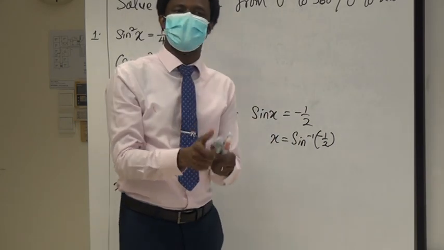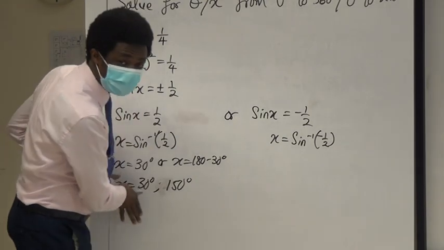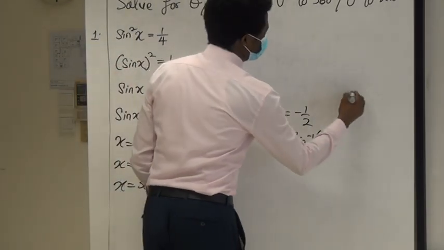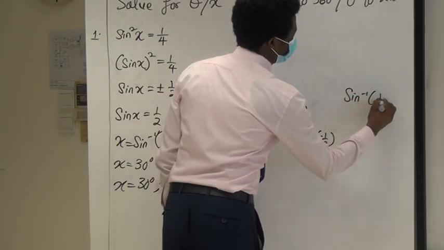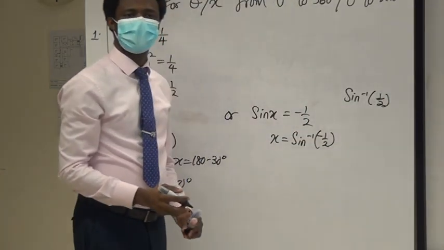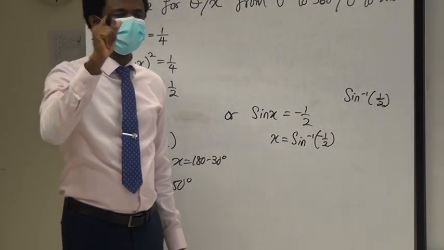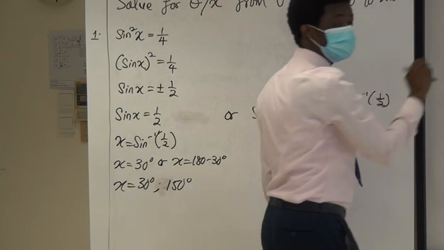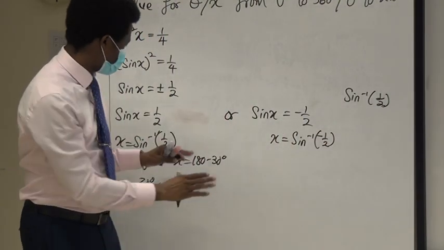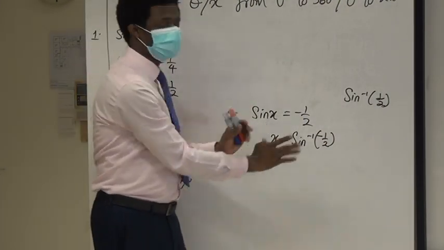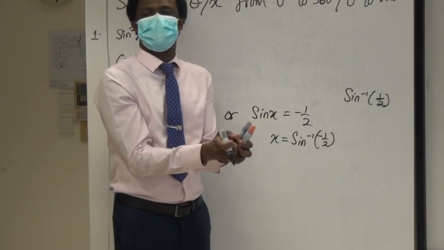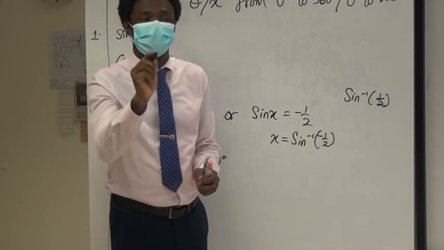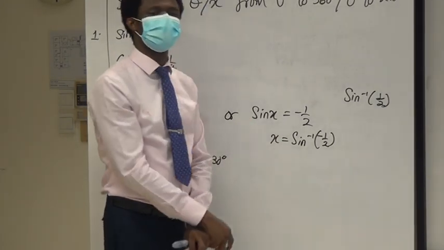So what you check in your calculator, if this part was not there, is just arc sine of 1 over 2. Just have it in mind that negative means you are converting to this. So if this is the only question given to me, I check arc sine of positive 1 over 2 and I get 30 degrees. But I do not write down the 30.